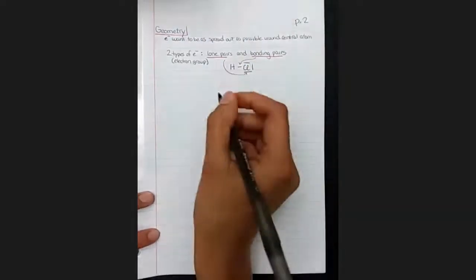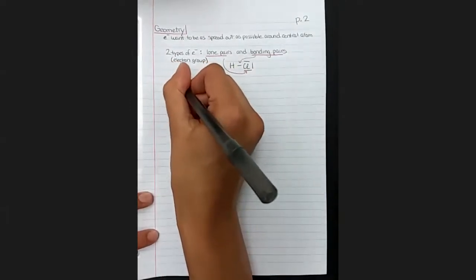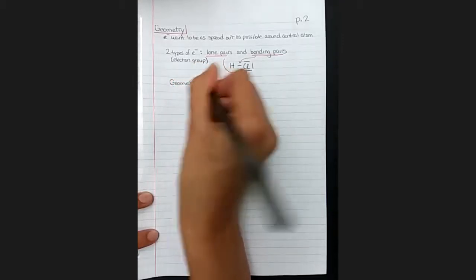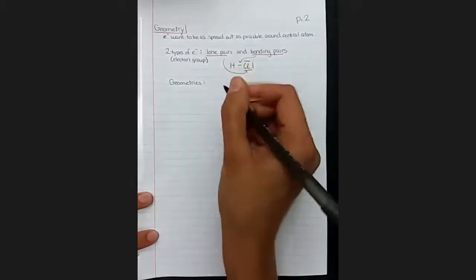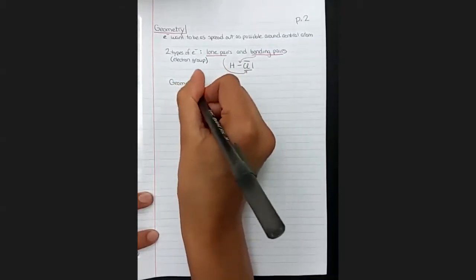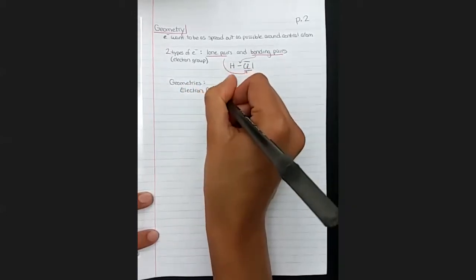Okay, so now we have to look at the two types of geometries. Both of these are geometries that you need to find, but one of them is more important than the other one. So the first geometry that you find for your molecule is called the electron group geometry.